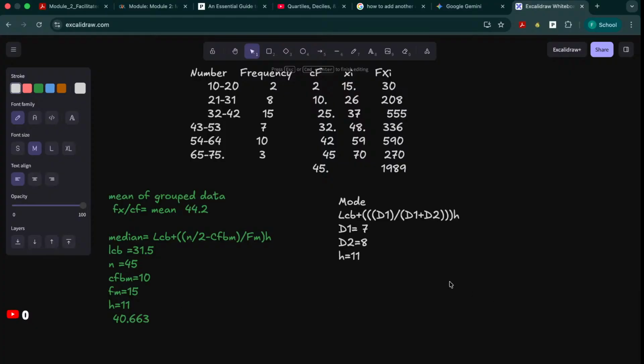So we just input the figures and calculate. Also you can use lower class boundary, which we got here, 31.5. So we write it on the book and do the calculation, and we input the answer.